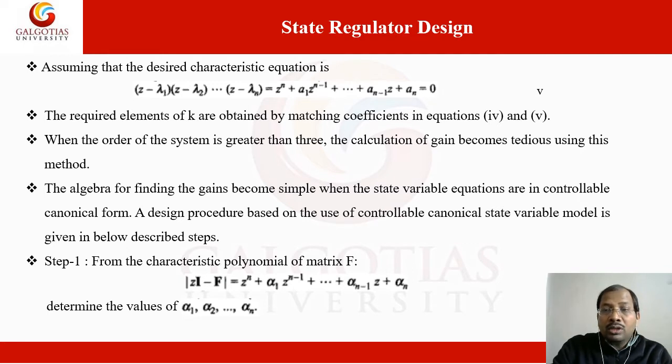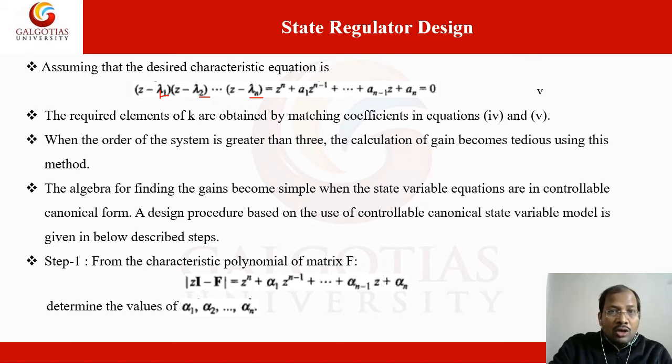Now we come to choosing the desired pole locations. Suppose the desired pole locations are lambda 1, lambda 2, up to lambda n, because it is an nth order system, so n poles are there.